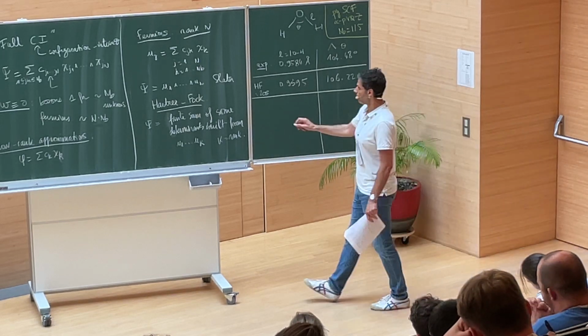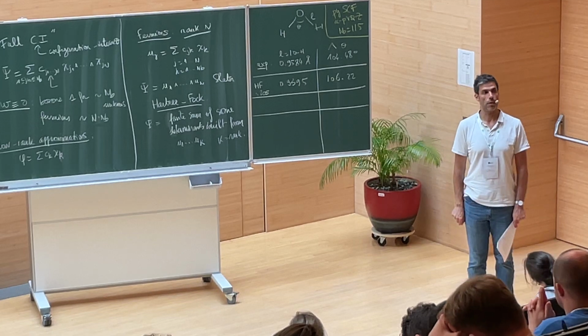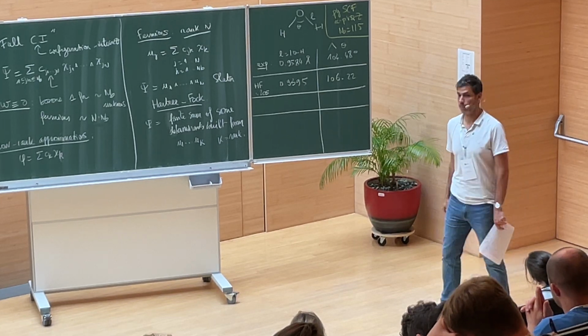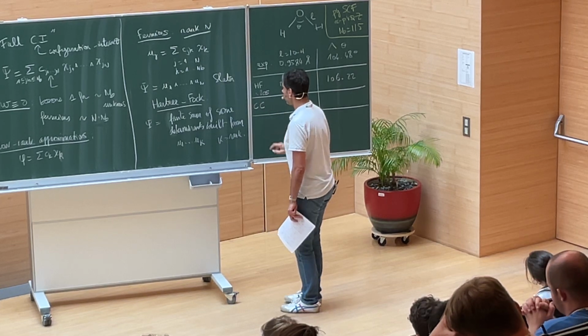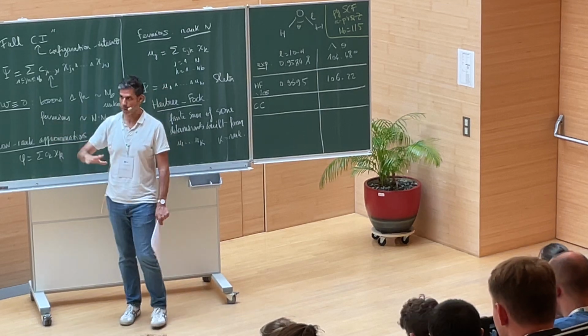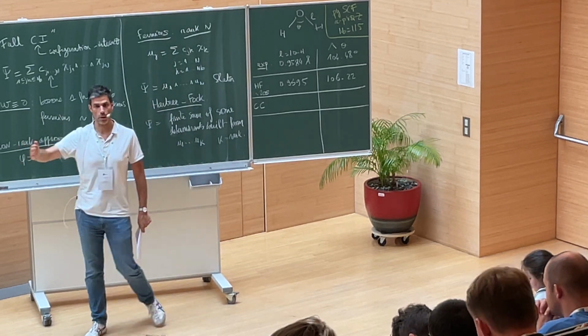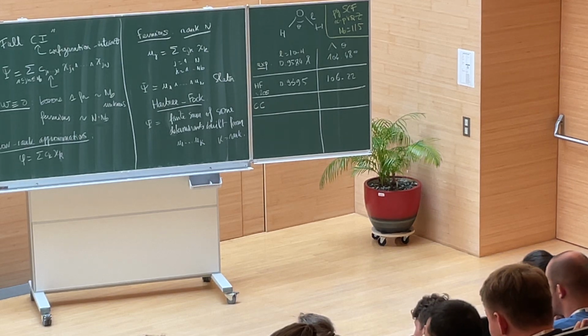Let me tell you what you find with the best method used by chemists, which is called coupled cluster. I'm not going to explain what this is, but it's a way to do a low-rank approximation. So you start with Hartree-Fock, and then you generate a finite number of determinants, some excitations that you write in the form of an exponential.